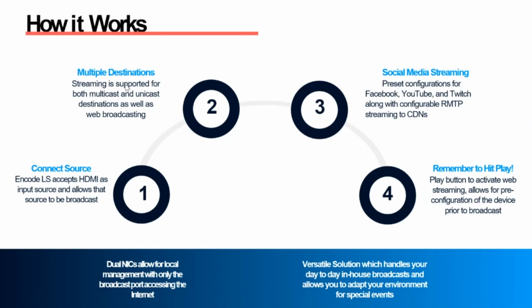The other nice part about this device, and I'll show that when we're going through the web UI, is it does have two NICs. So I have a broadcast NIC, a streaming NIC, and then there's an interface for management and configuration as well.